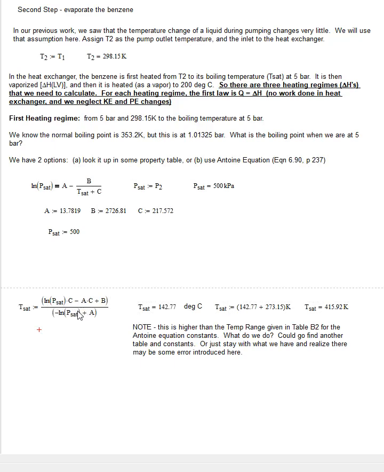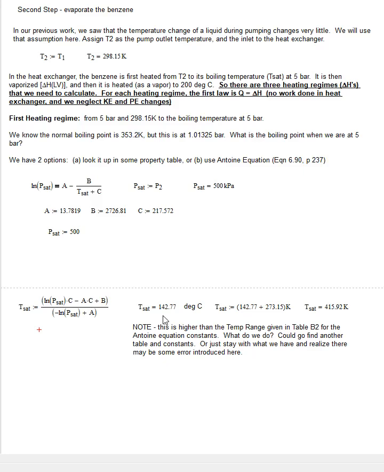It's a little verbose here; you could probably simplify this a little more. We get a dimensionless answer for Tsat in degrees C, and all I've done is convert it to Kelvin. This is my boiling point at 5 bar, equal to 415.92 Kelvin.